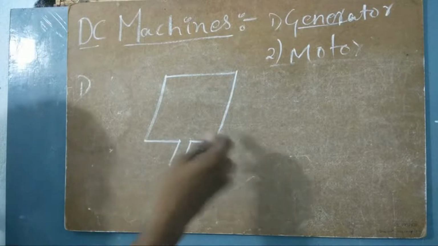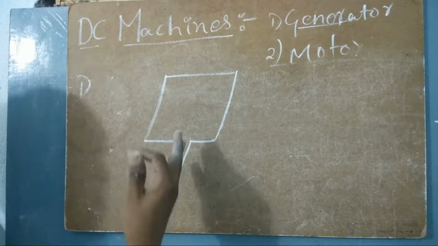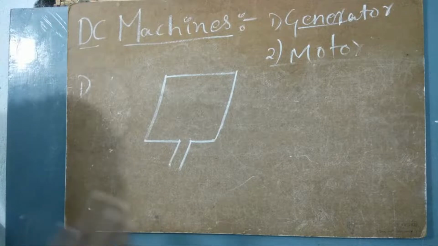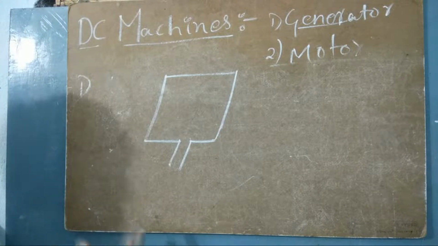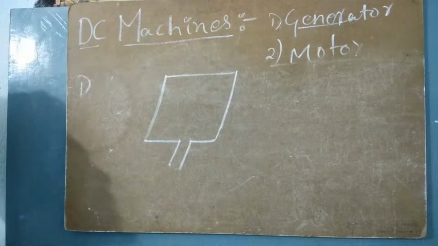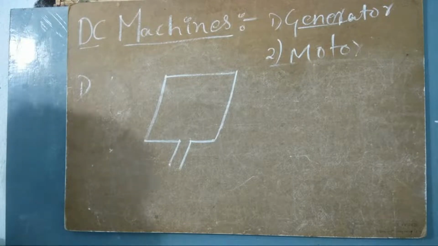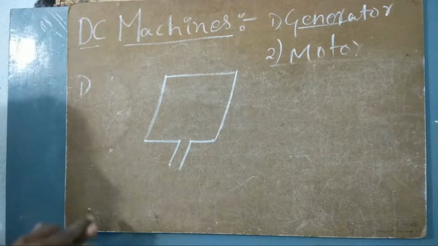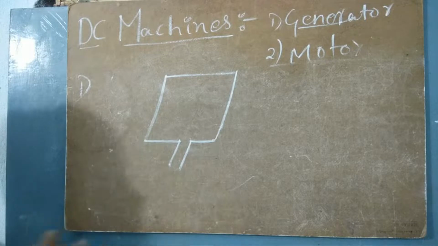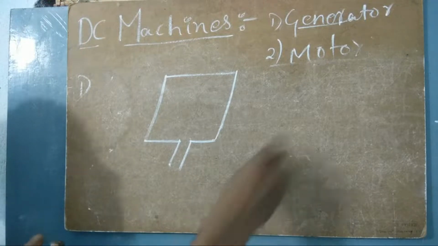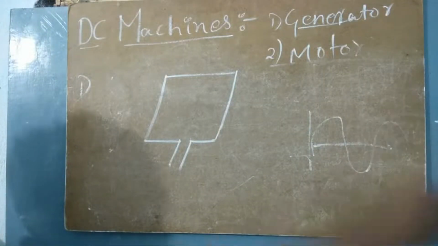But here let us understand the construction of this rotor and the direction of the current it will have. Normally in any generator, no matter what it is, as we spoke at the starting of the class, the generator is producing some alternating current, alternating voltage.